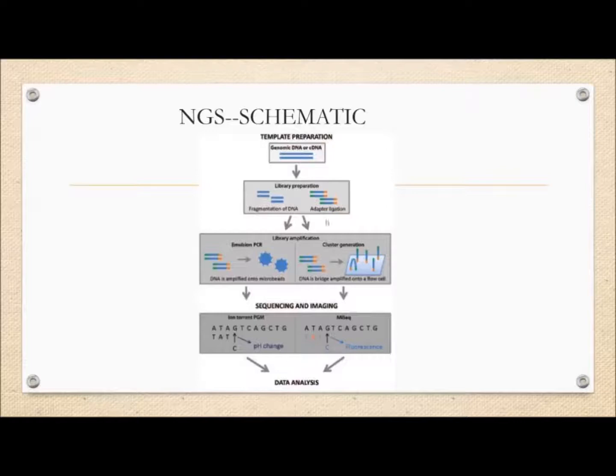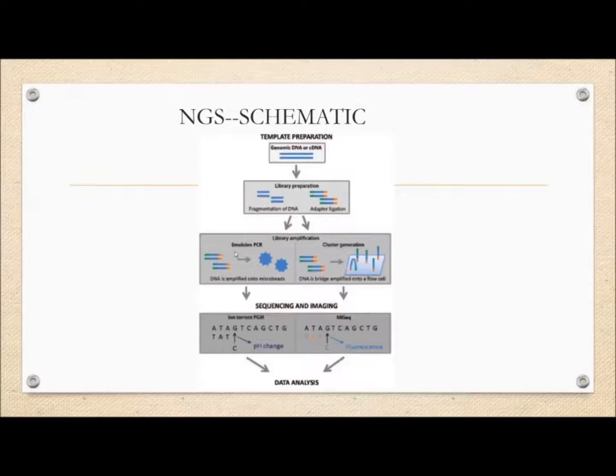So you have template preparation. So you have a genomic DNA or a cDNA. Remember, we talked about mRNA being reverse transcribed using reverse transcriptase into cDNA. We've looked at that. And so you have your DNA. And then you have a step called library preparation, where you take your DNA and you fragment it. And then you use a process of adapter ligation.